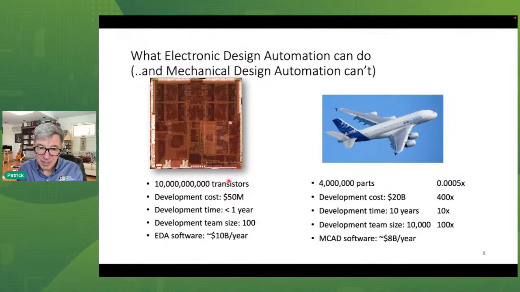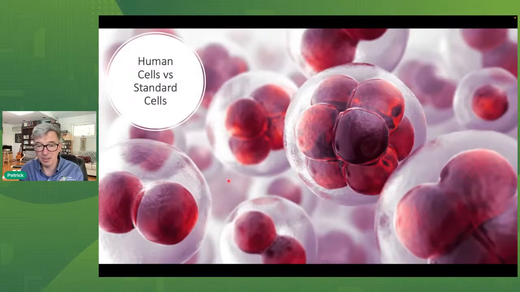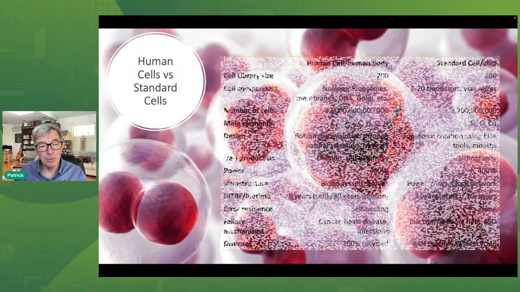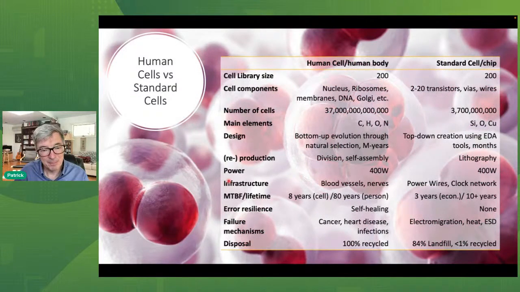The other thing to think about is that we build things from standard cells. Airplanes are not built from standard cells. They have all kinds of different materials that are fused together and bonded together. But we, as humans, or all living organisms in the world, are also built from standard cells. If you look at a standard cell library that is used to design a chip, it maybe consists of 200 different cells. Well, guess what?